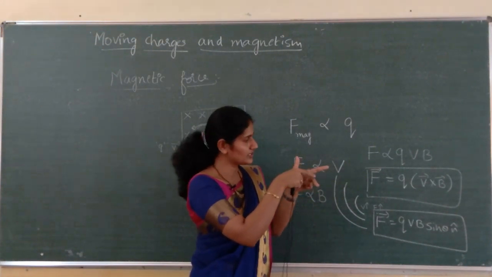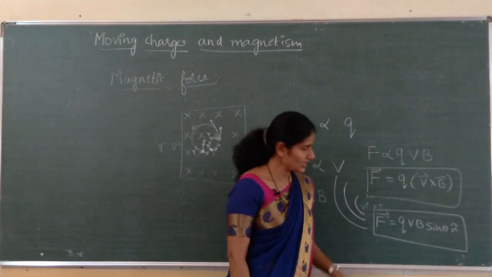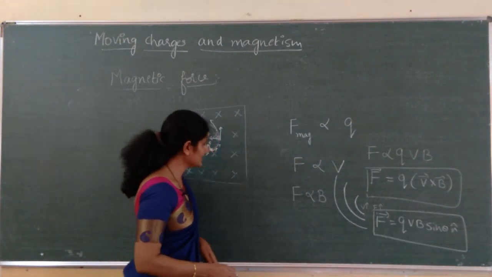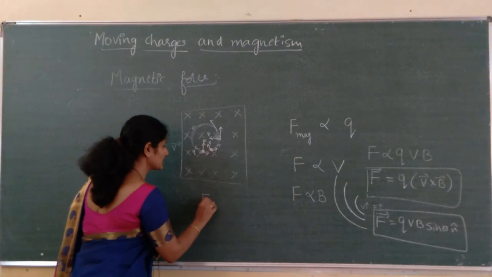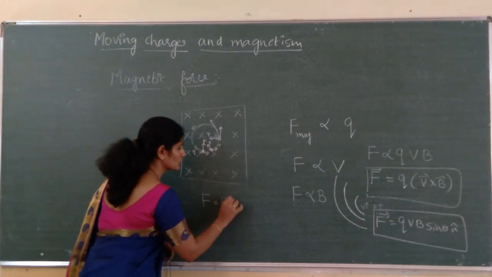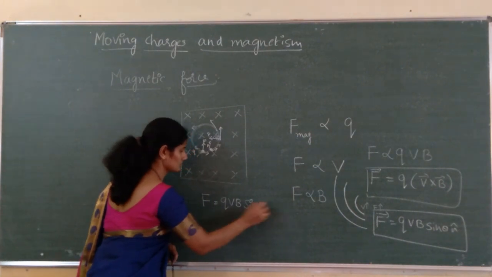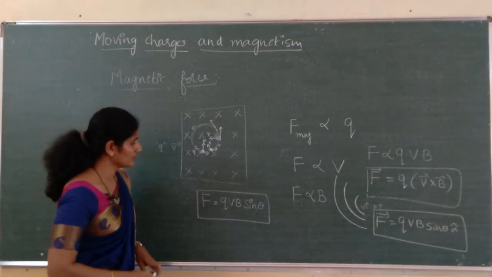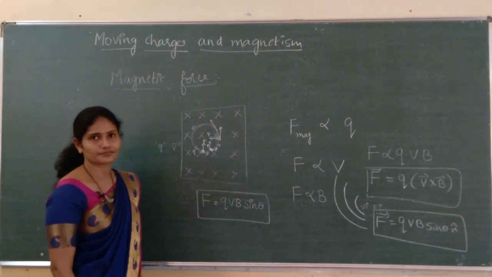So, F is equal to Q V B sin theta. In terms of magnitude, if we consider only the magnitude, the magnetic force F is equal to Q V B sin theta, where theta is the angle between velocity and the magnetic field.